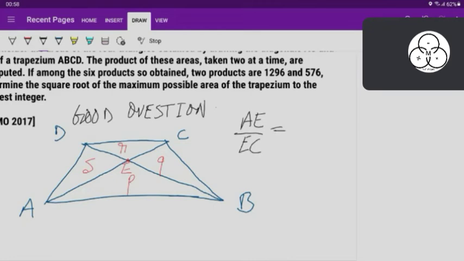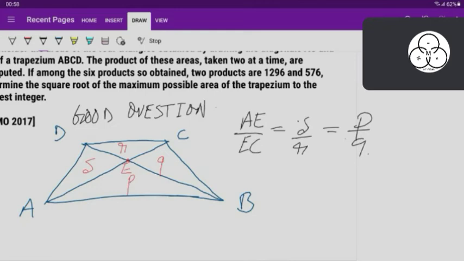That's why each and every chapter in Olympiad is related to another chapter. Application of base division again. AE by EC equals S by R equals P by Q. Here P, Q, R, S are representing the areas of the respective triangles ABE, BCE, CDE and DEA respectively.